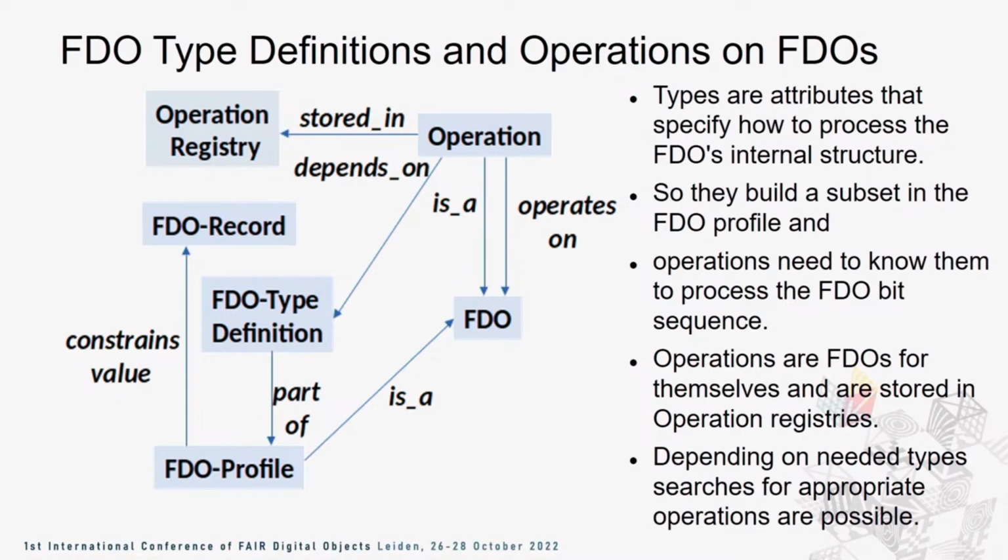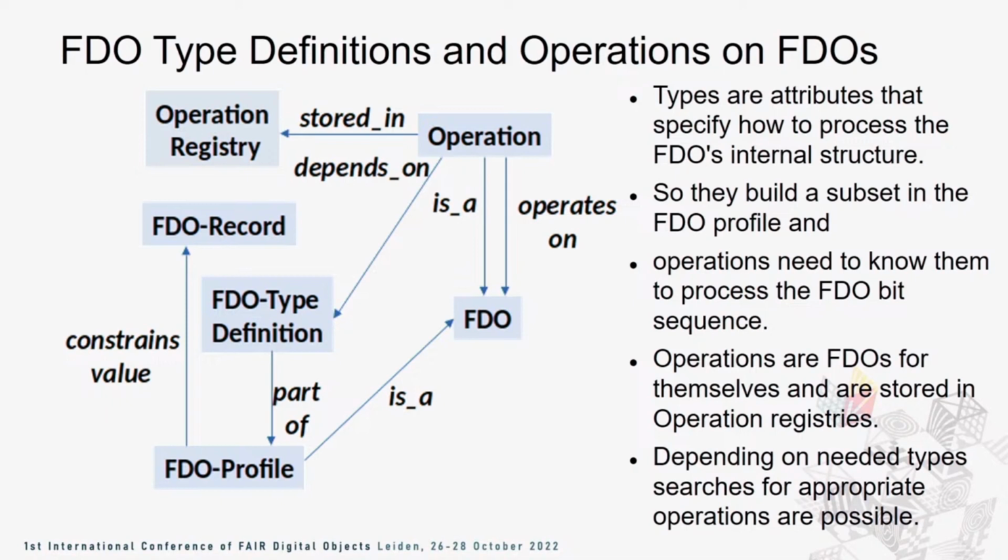Yeah, so we talked about local operations, but we also have in mind operations which are more global, which are given for everyone and are usable for a huge amount of different FDOs.